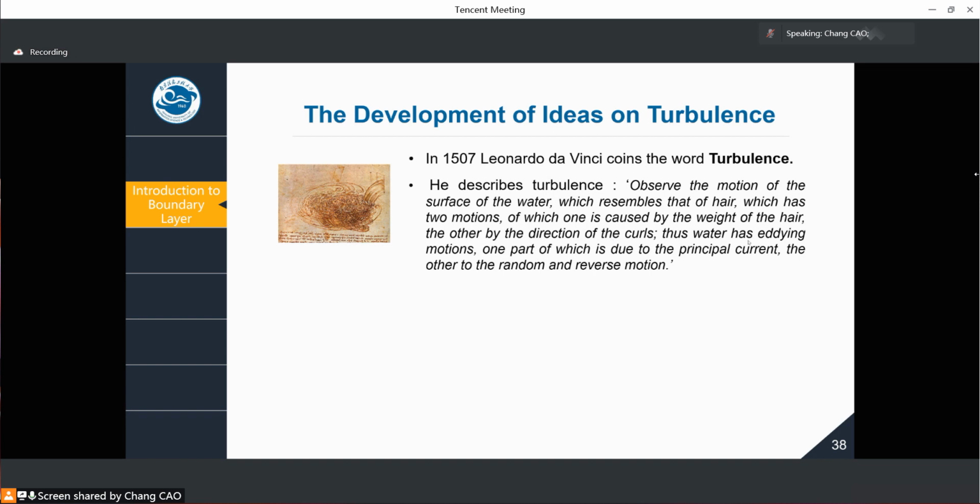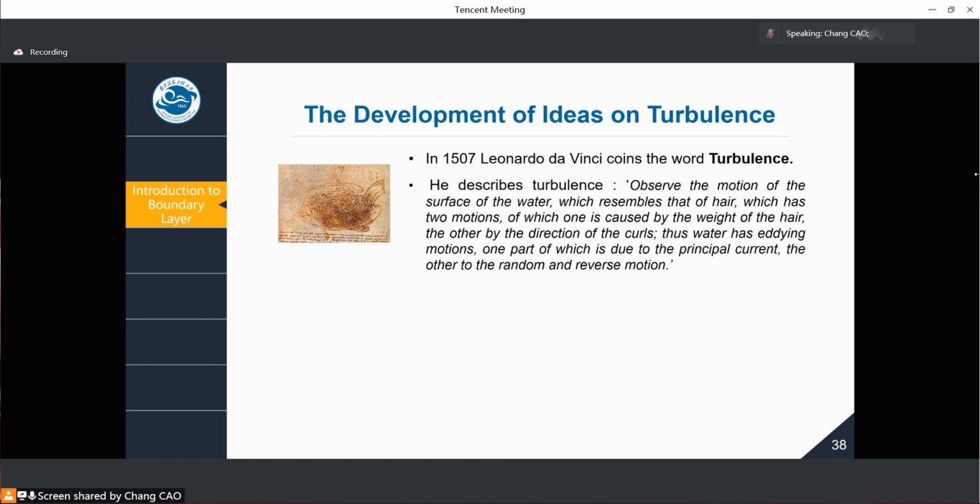Thus, water has eddying motions, one part of which is due to the principal current, and the other to the random and reverse motion. So that's the original description of turbulence from Leonardo.